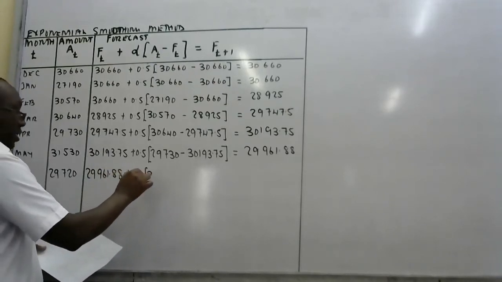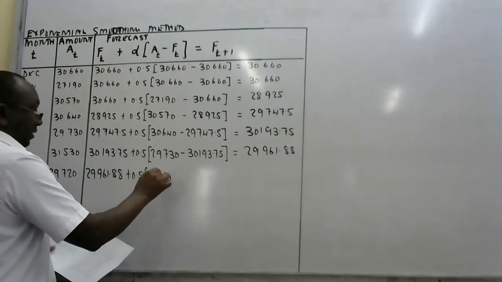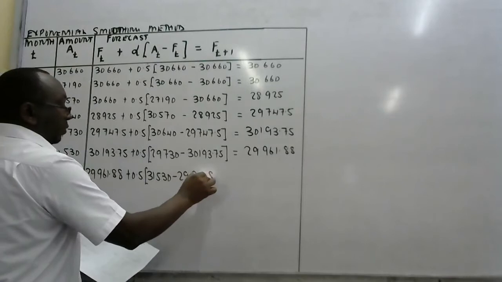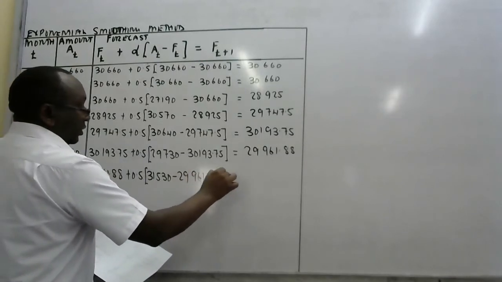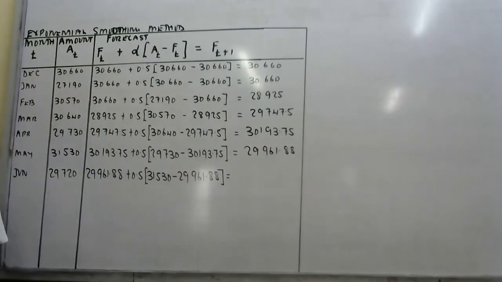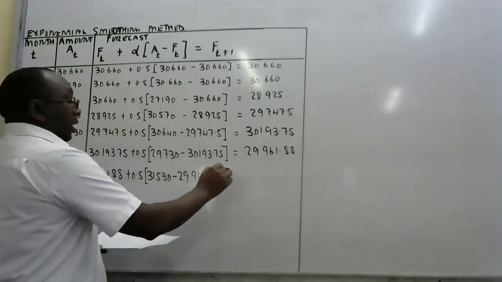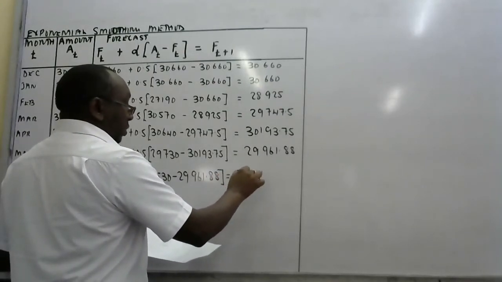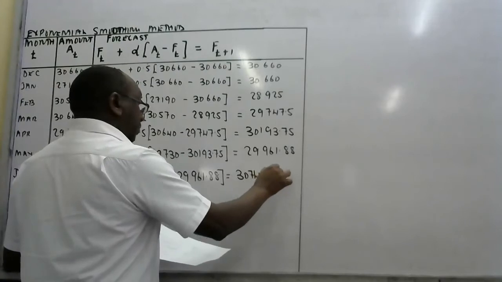The actual is 1,530 minus 29,961.88. That gives $37.94.